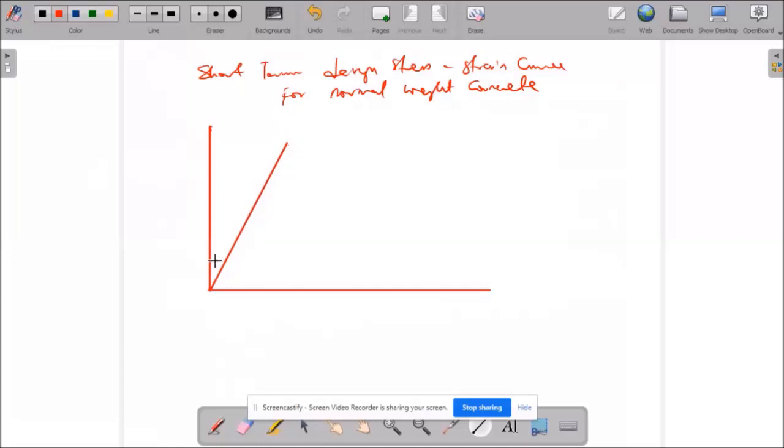Here we can use freehand to draw our curve from here. So we go this way. Here we can use this to interpolate. We trace this passing through our dotted line.